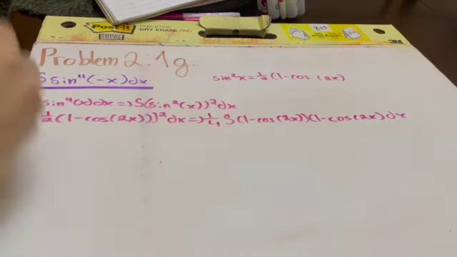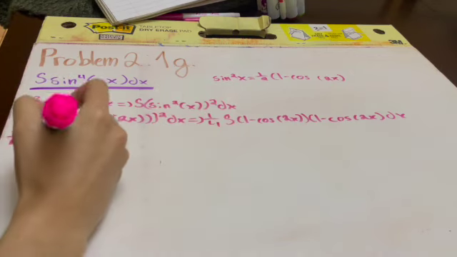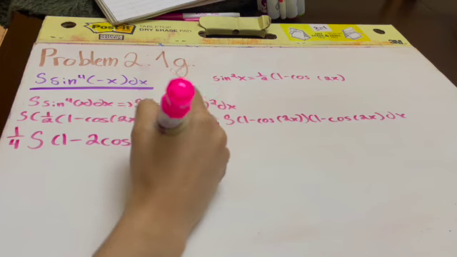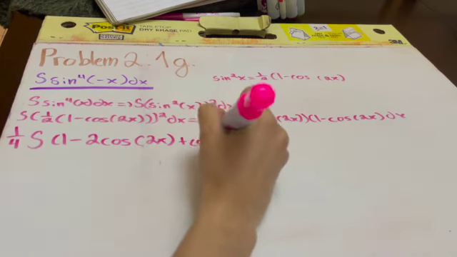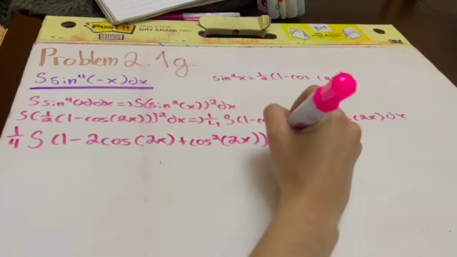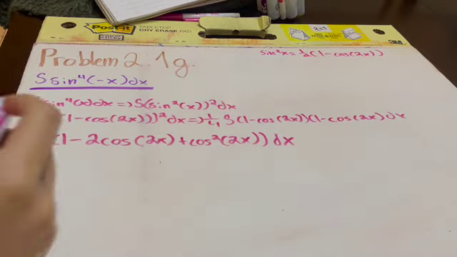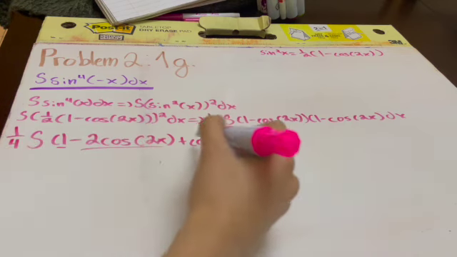Cosine 2 of x dx. So now we have 1/4 integral. It's going to be 1 minus 2 cosine 2 of x plus cosine squared 2 of x, d of x. And now we know what the first part is going to be, that's going to be x. We know what the second one is too, but this is still squared.